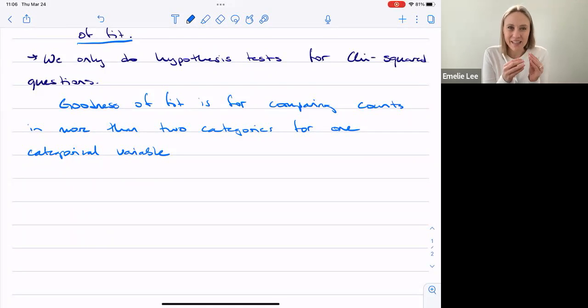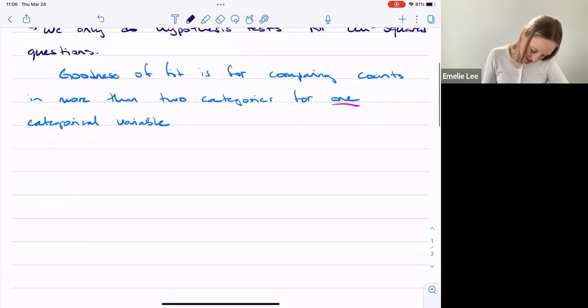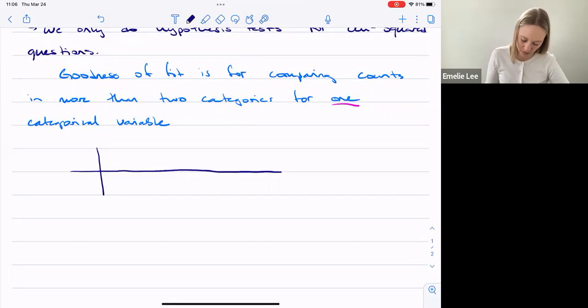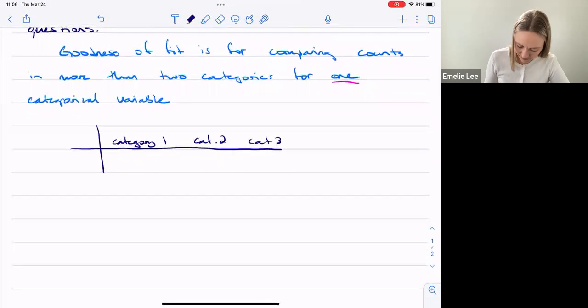Okay, so a goodness of fit test is for one categorical variable. Usually we have a table like this, and this is what we call a one-way table. So I've got category 1, category 2, category 3, and maybe category 4, for example.